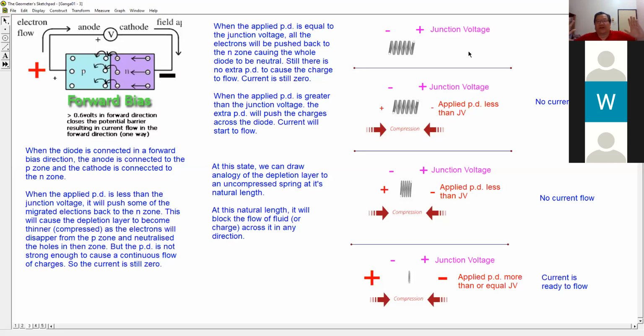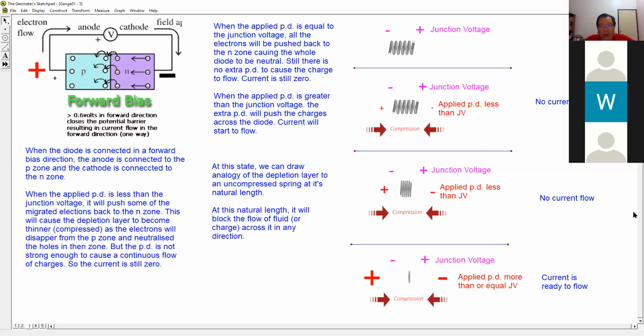Your external voltage is pushing it back more and more until your junction voltage becomes zero, and if you push some more, the current will go through. Okay or not okay? Any questions so far? Ganga, any question?